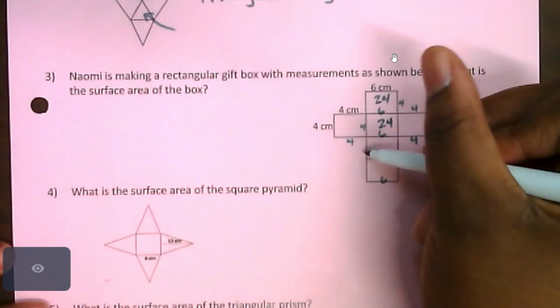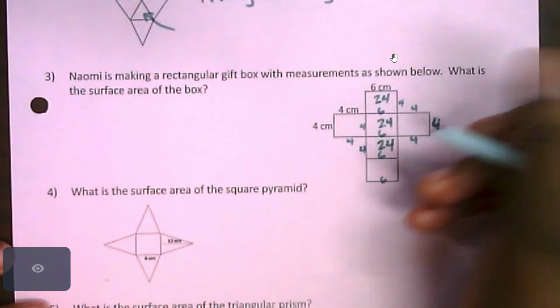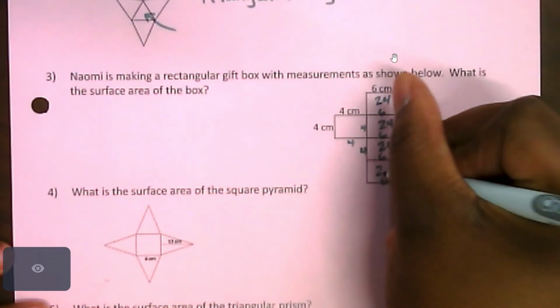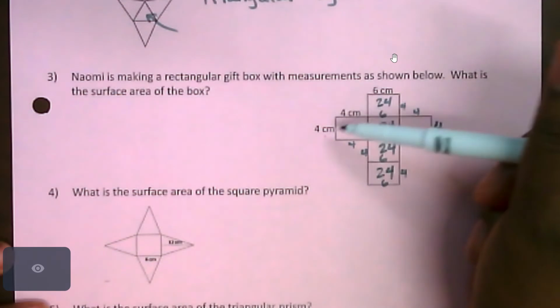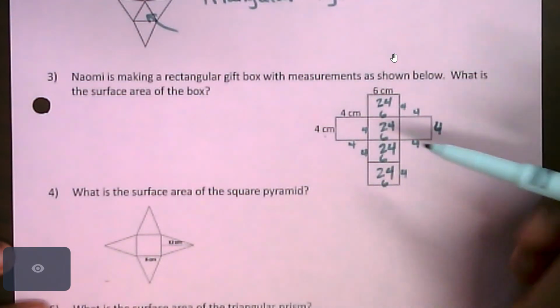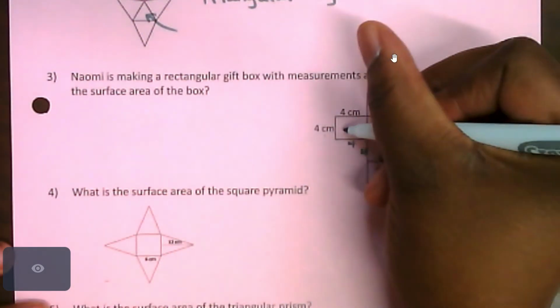Again, this is a 6 by 4, which equals 24. And this is a 6 by 4, which equals 24. Now I see here, this is a 4 by 4. Though it looks real rectangulish, it is indeed a square measurement-wise. So 4 times 4 is 16.